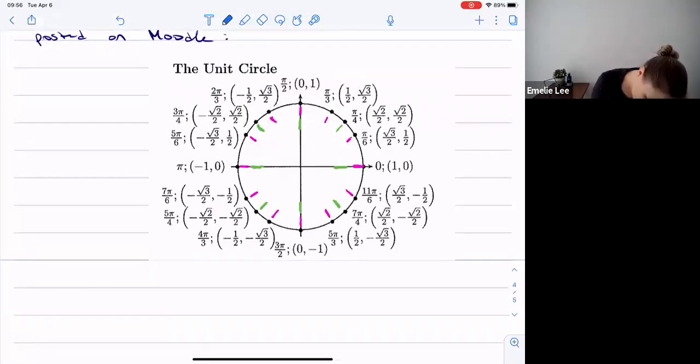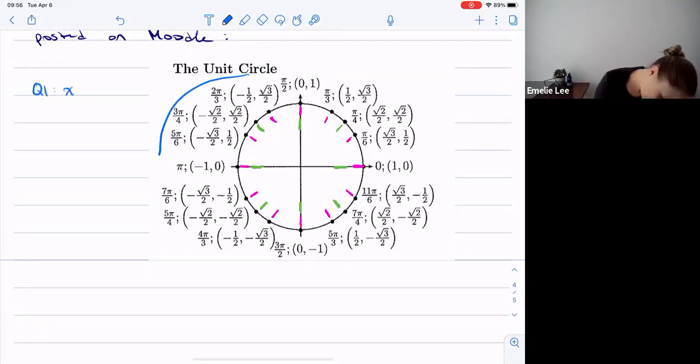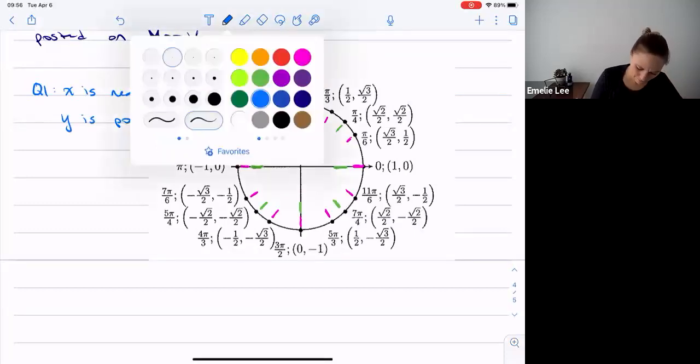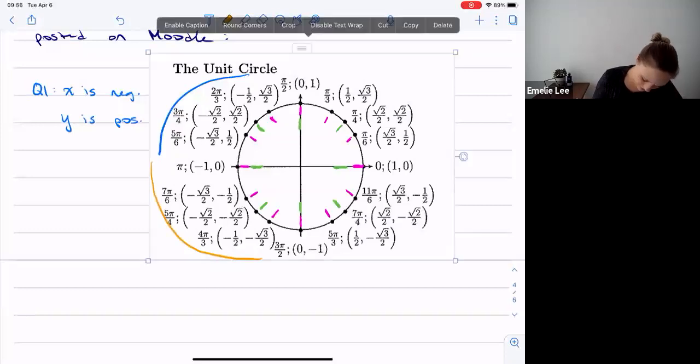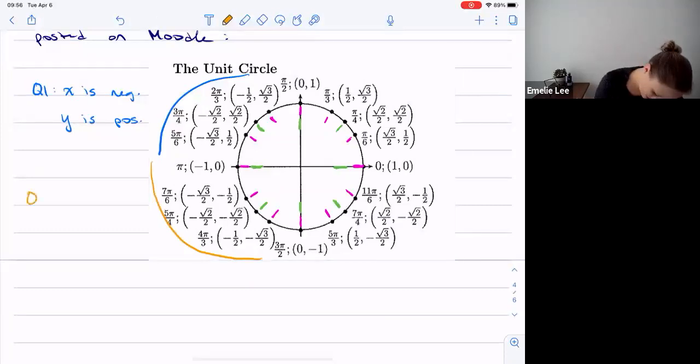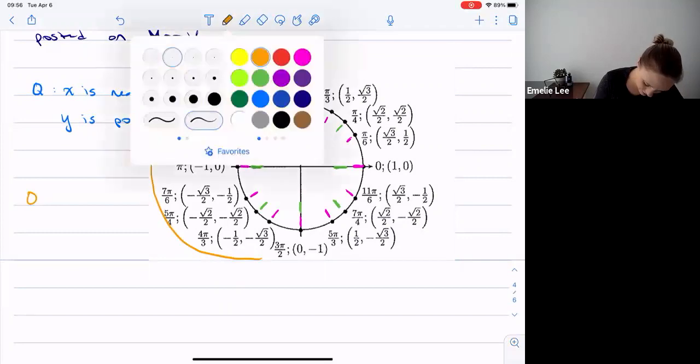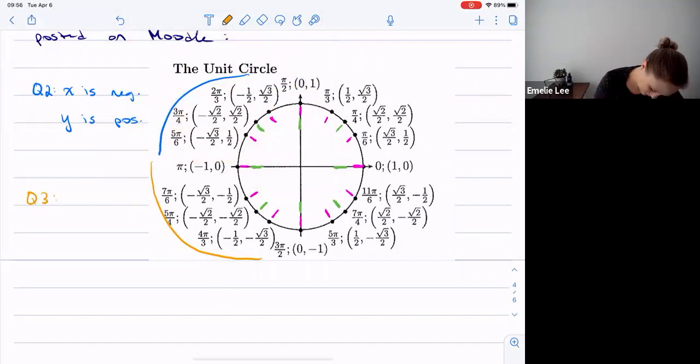So here, let's just talk about these guys. Q1, x is positive, y is positive. I should use a different color here. This one maybe. Q2, x is negative, y is positive. Q3, x is negative and y is negative.